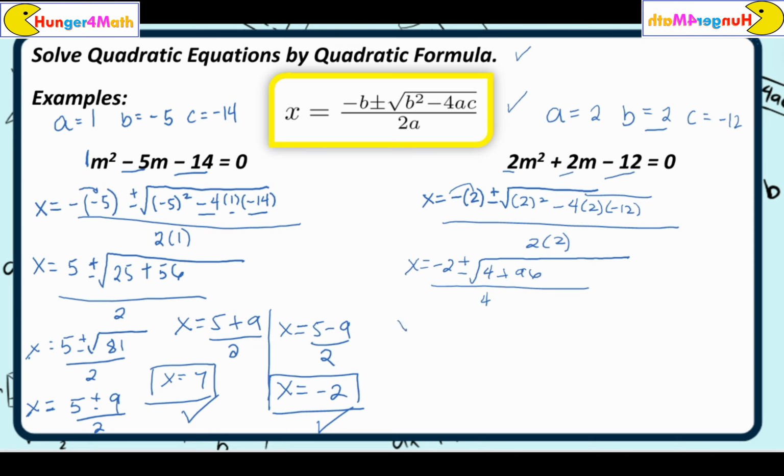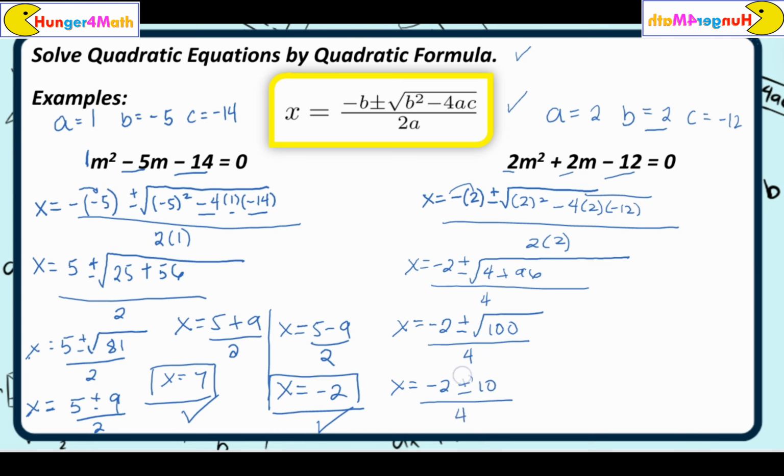Continue. So x is equal to negative 2 plus minus the square root of 4 plus 96 is 100, all over 4. Then now x is equal to negative 2, the square root of 100 is 10, so that will be plus minus 10 all over 4.